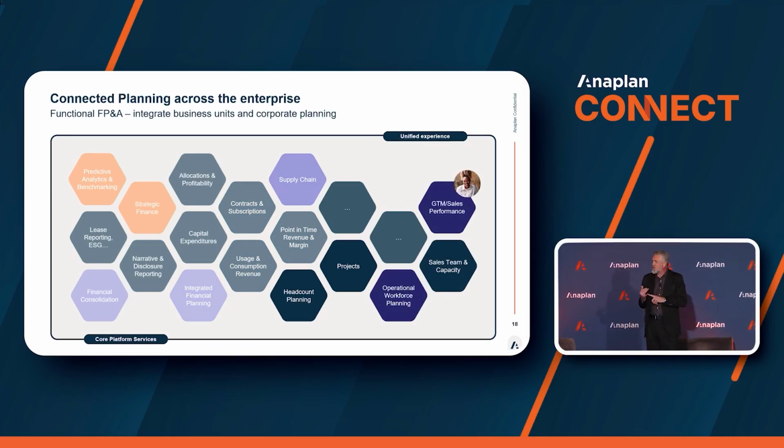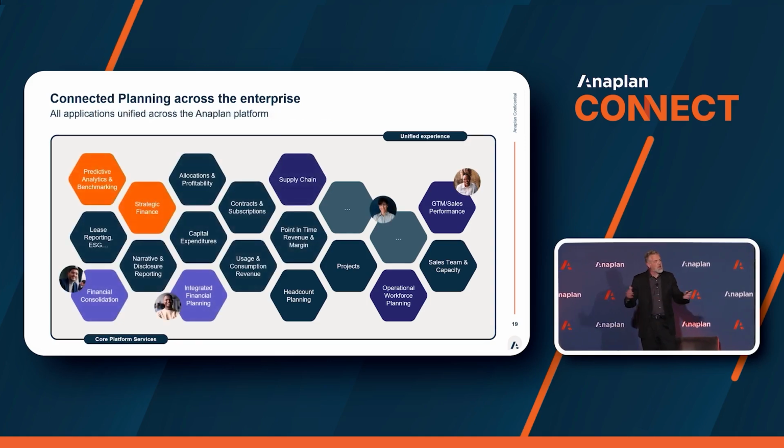So you can imagine if you've done territory quota, you better make sure you've got the right sales reps with the right skills in the right locations to execute against that. And of course, if you're in supply chain, yes, let's make sure the products that we're selling are profitable, etc. So again, bringing this connected planning vision together. So we're excited about that. A complete vision, hopefully satisfying every area that's a financial consolidation or planning customer.